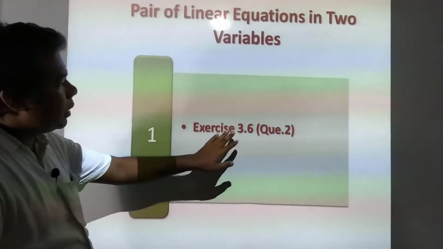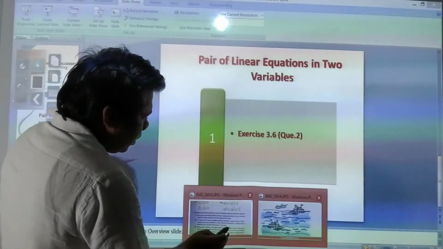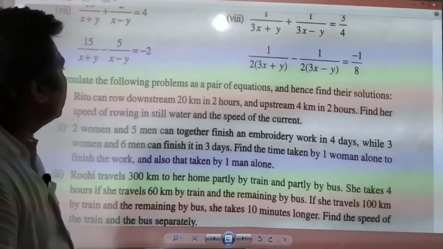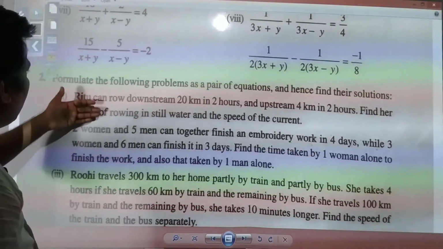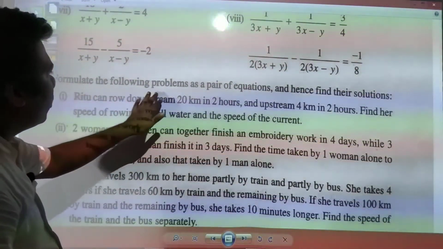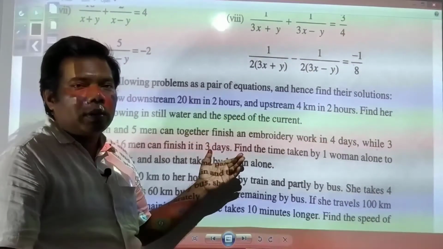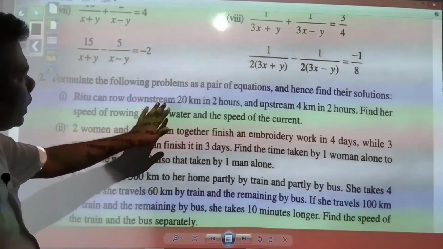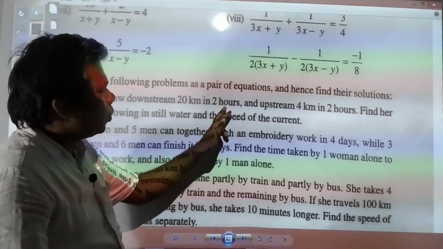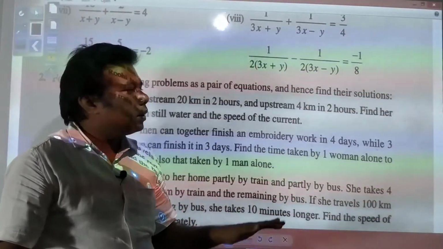Here we have exercise 3.6, question number 2 of NCERT. Here you see these 3 questions are left. Word problems: formulate the following problems as a pair of equations and hence find their solutions. The first question: Ritu can row downstream 20 km in 2 hours and upstream 4 km in 2 hours.